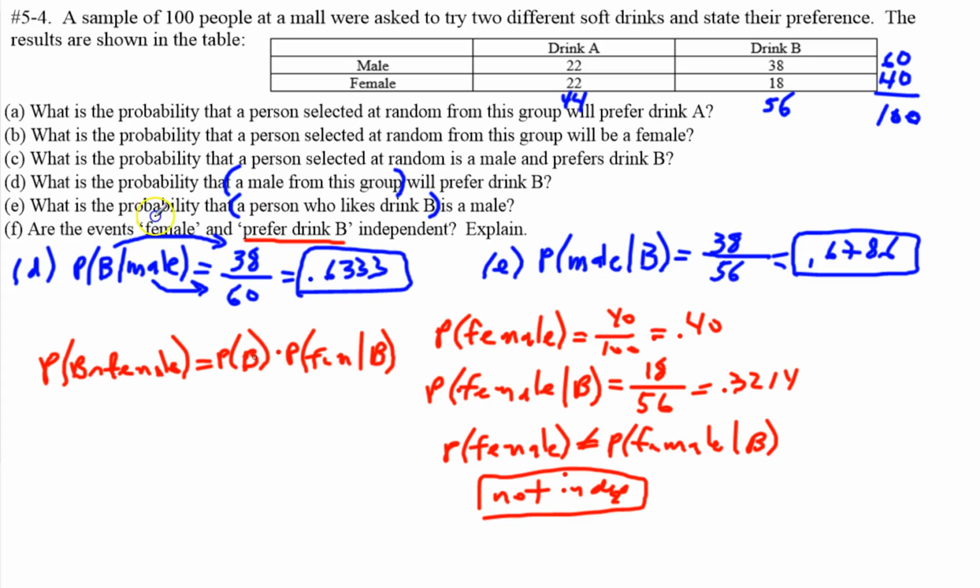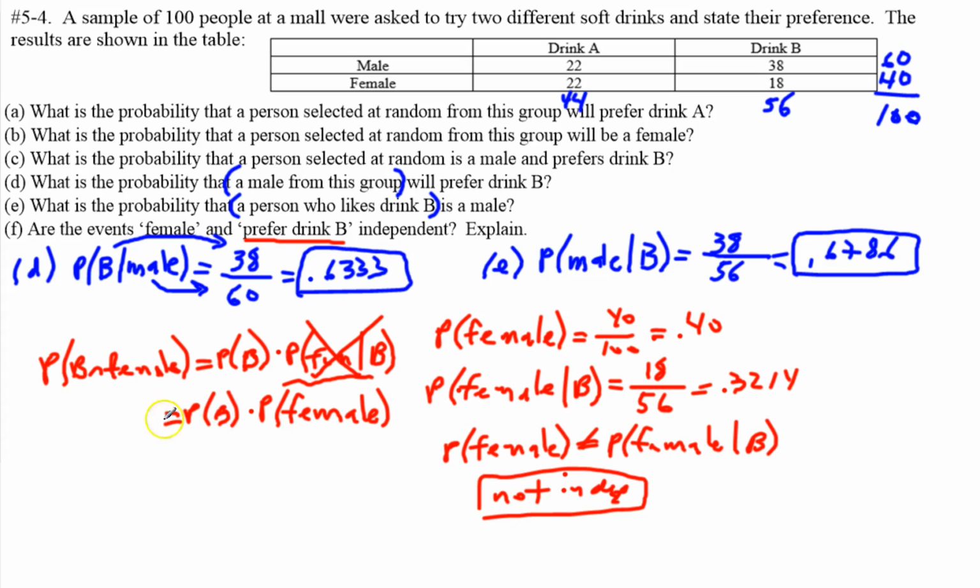The second one has to be a conditional probability here, right? But if these were independent, then this one would simplify to just being the probability of female. In other words, if these were independent, then the probability of female given B would be the same as the probability of female.